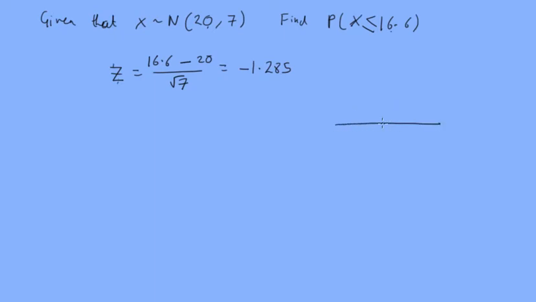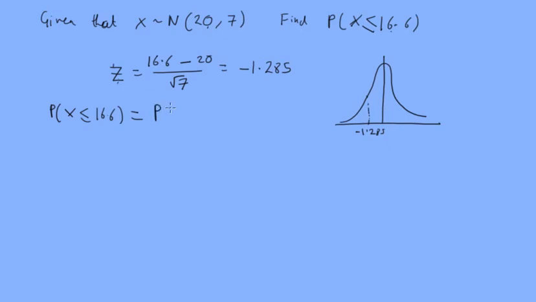Let's draw our coded variable, z. So this is going to be minus 1.285 here.